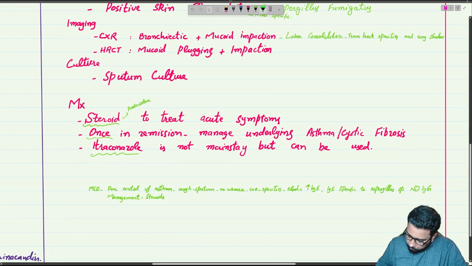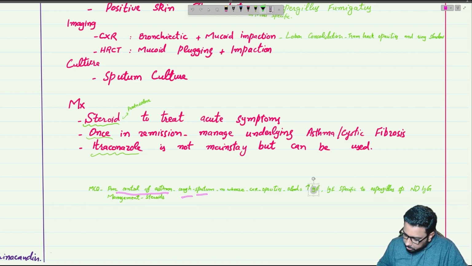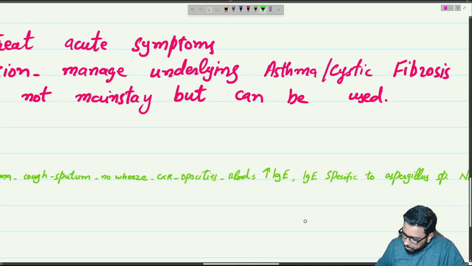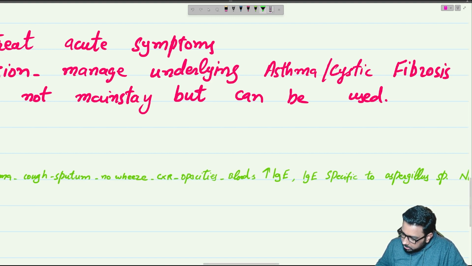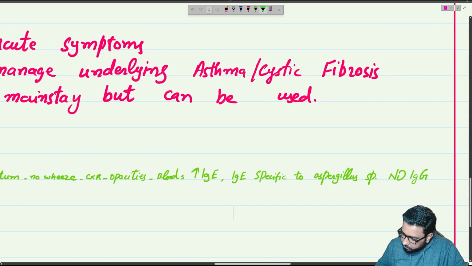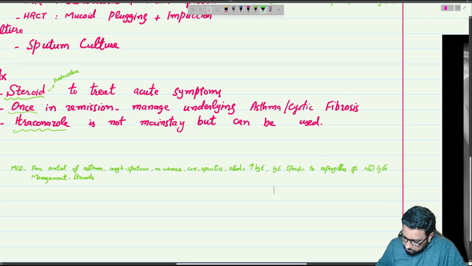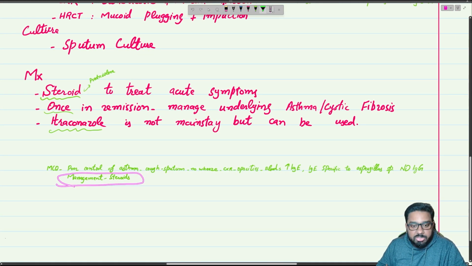Now, there is this MCQ. Poorly controlled asthma, as we discussed, cough, productive, no wheeze, chest X-ray showing opacities, increased IgE specific to Aspergillus fumigatus, no IgG, and what is the management? Steroids.